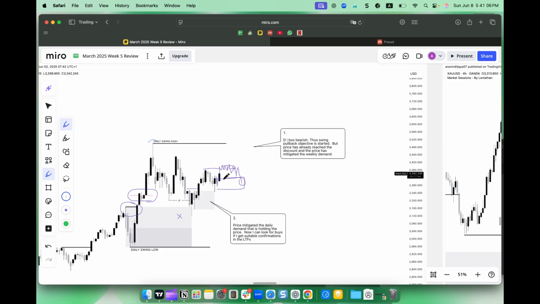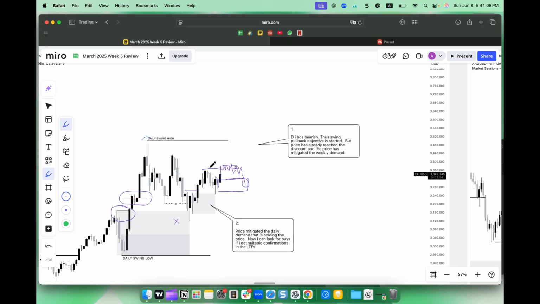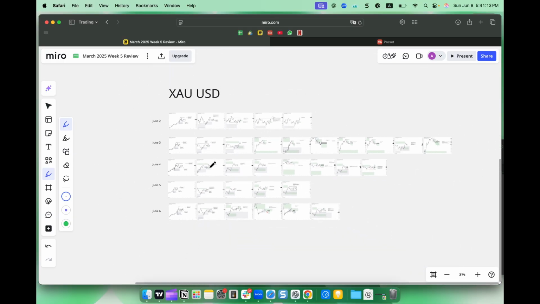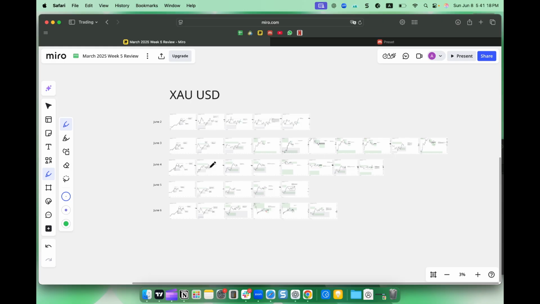So it seemed like very little on the daily time frame, but it requires a lot of analysis, and a lot of emotions I was going through on those trades. It was not an easy thing to break even your trade, because there are two options: either you get stopped out at break even, or if you don't break even the trade, you might lose minus 1R.